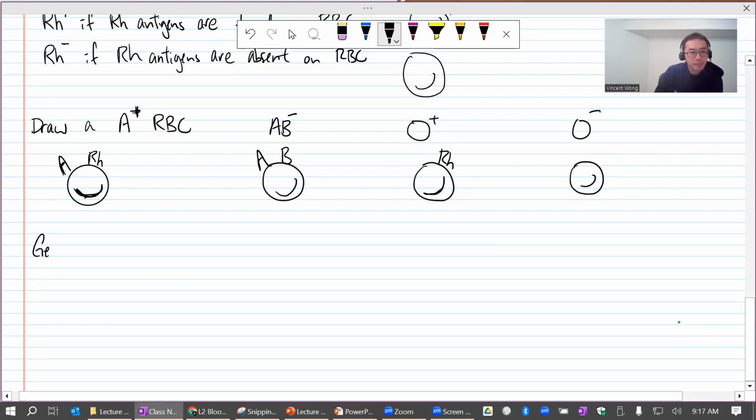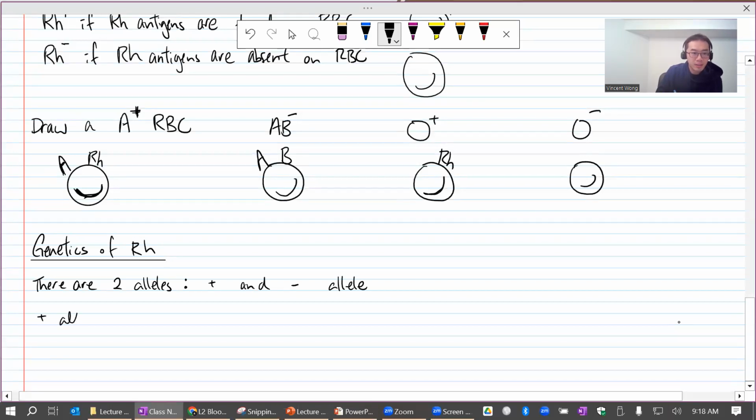Genetics. Genetics of RH. Okay, it's very simple. Compared to the ABO, there are 2 alleles, the positive and negative allele. Allele is a different version of a gene, right?